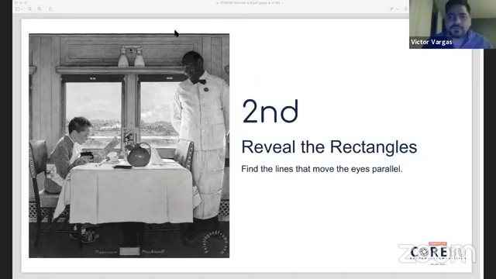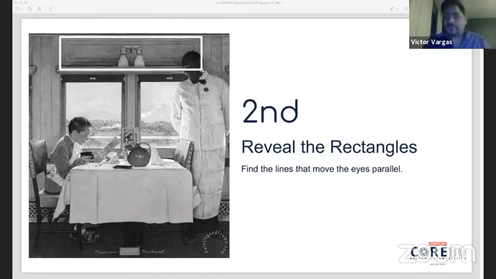When something is repeating, there's lines that are parallel. Now, this is very important that they're parallel, because if they're not parallel, then they're going to converge at some point. So what you're looking for are parallel lines. So you can see here very clearly that there's parallel lines going on in there.